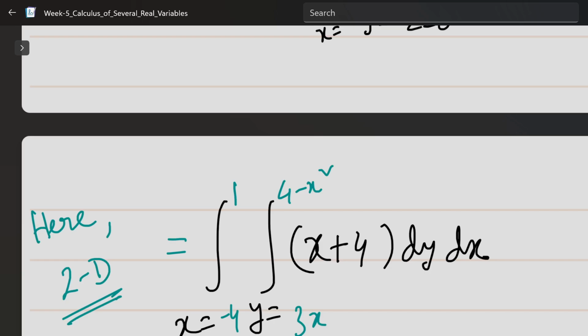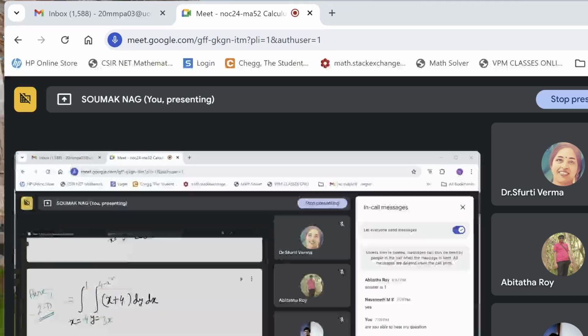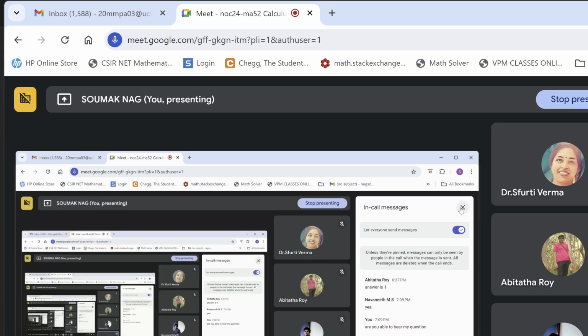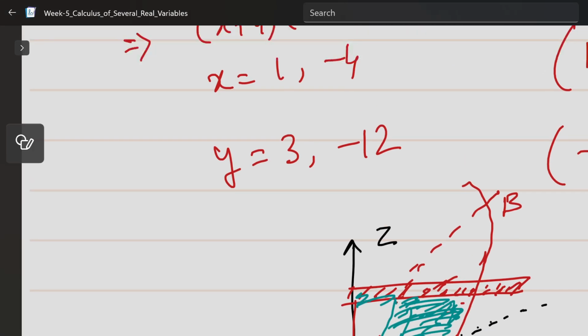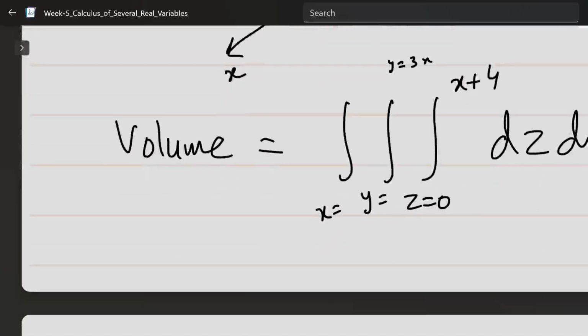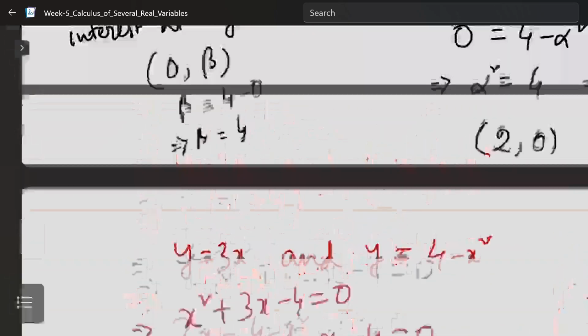The main thing in multiple integrals lies in the limits of each integral. If you write the limits carefully, then you are done. If you don't, then it is gone. Did you understand the limits? That is the main thing of multiple integrals: finding limits and drawing, or otherwise visualizing.